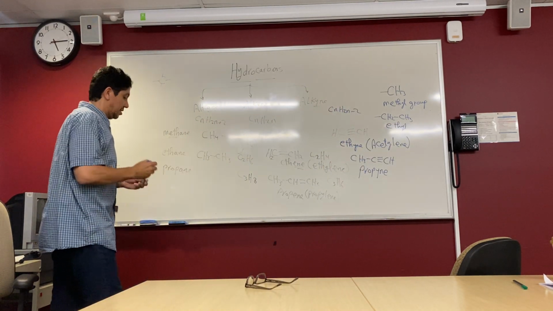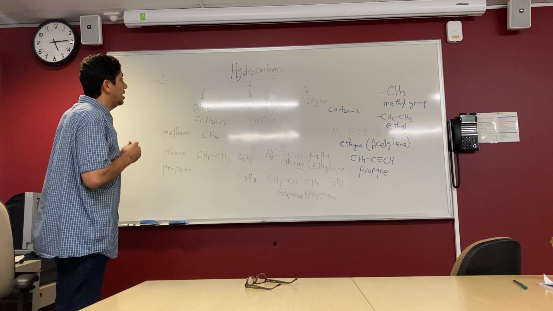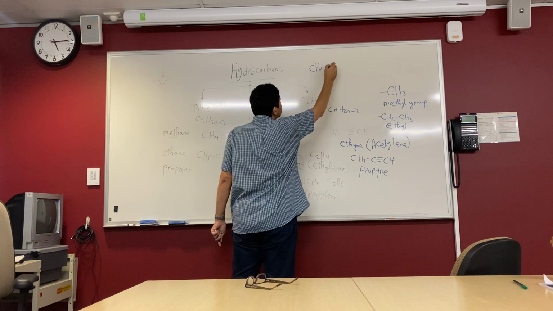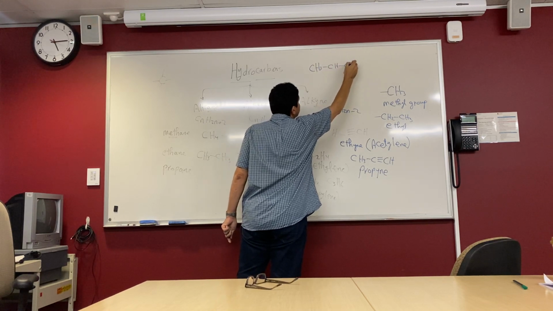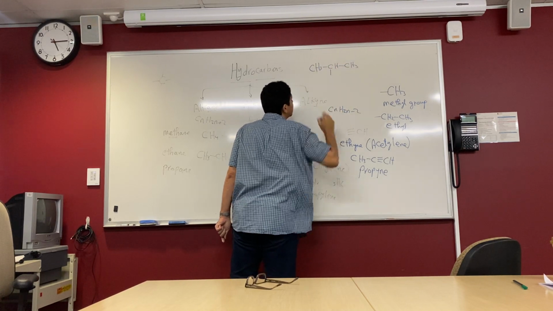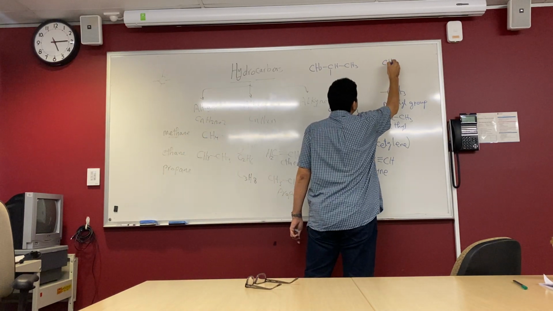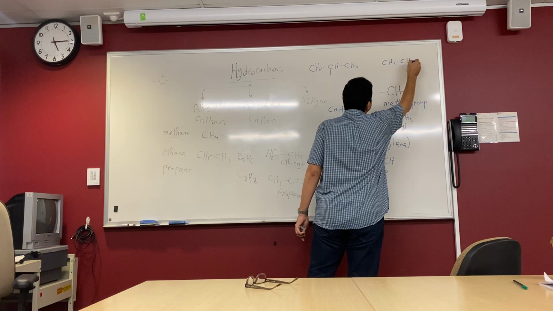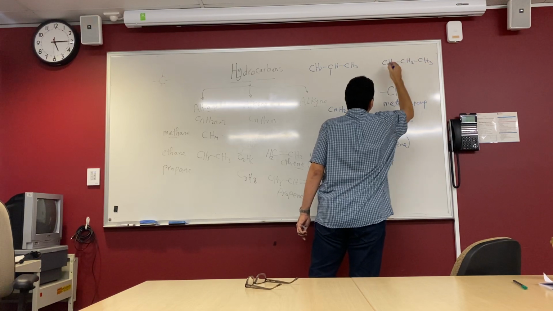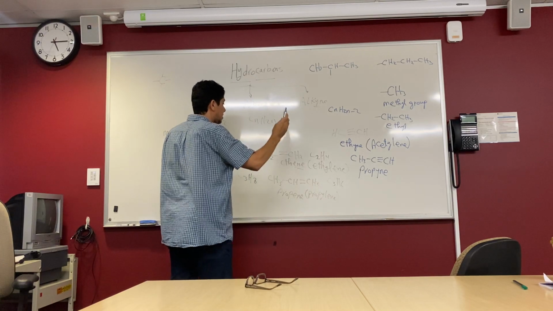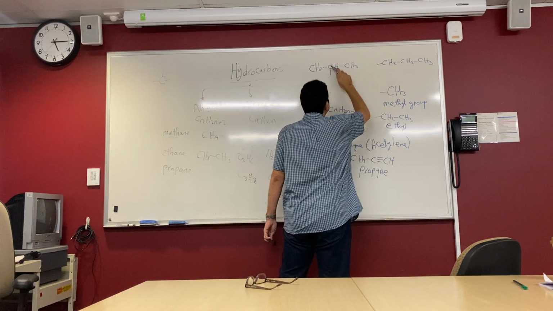Okay, let's do something more tricky. What about if we have something like that? CH3, CH, CH3, and attach it from here, or CH2, CH2, CH3, and attach it from here. What is the type of this carbon, for example?